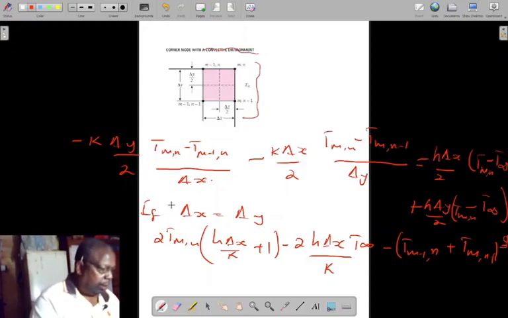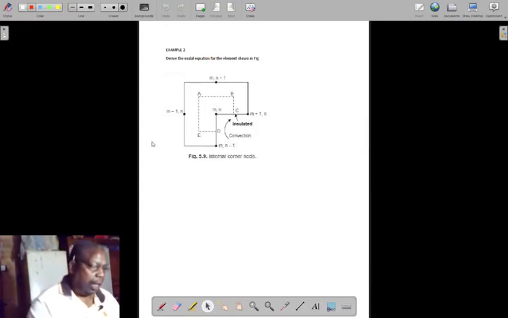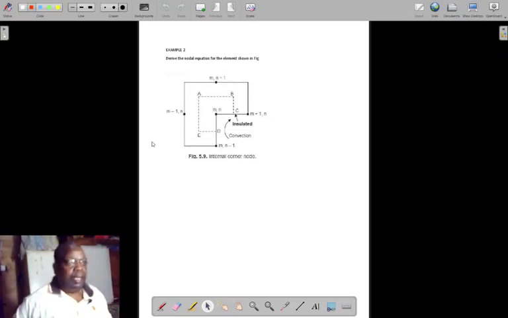So now let's have a look at an example, and the example is derive the nodal equation for the element shown.